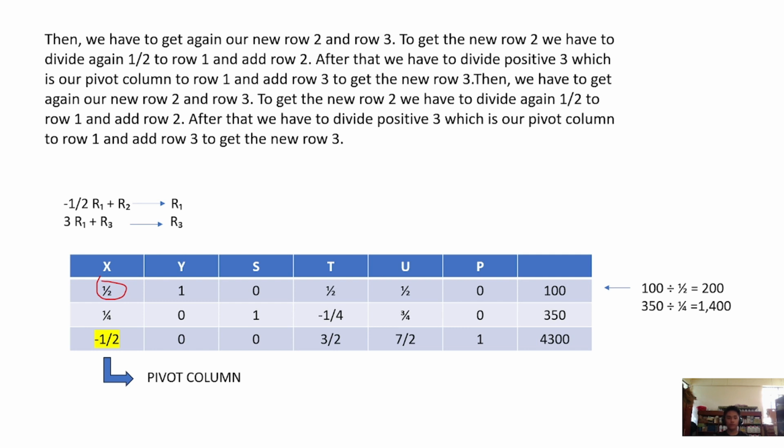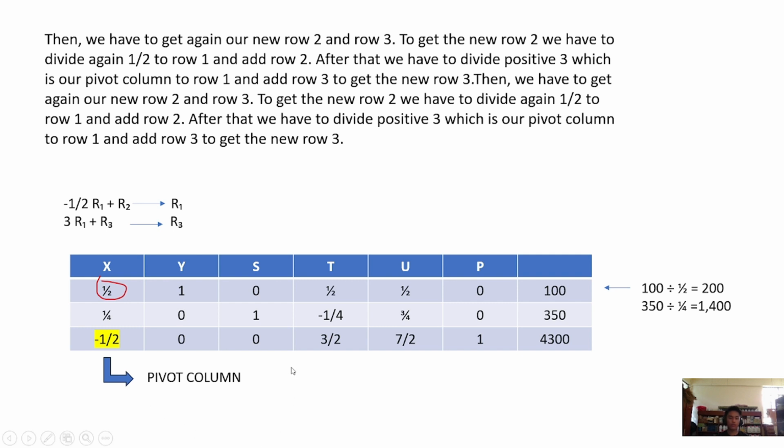So observe the table in this picture. Finally there's no negative in this row 3, which means we are done.